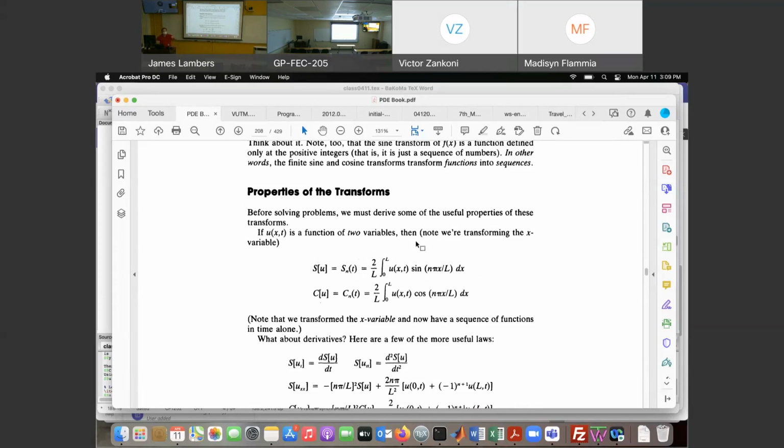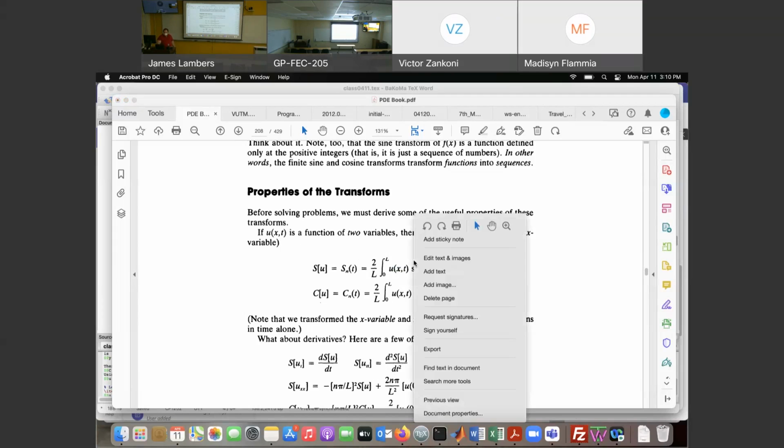And then because that source term is sitting here, you got to take its transform also. And so that's what would go in here in place of u of x, t. And then separately, you take the finite sine transform of the initial data, where that will go in place of this.